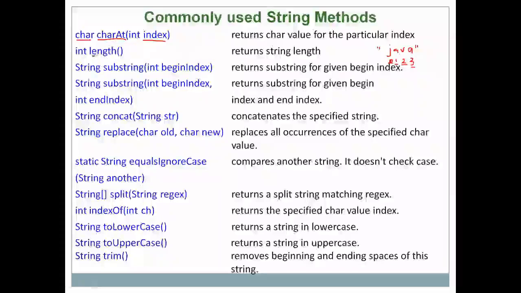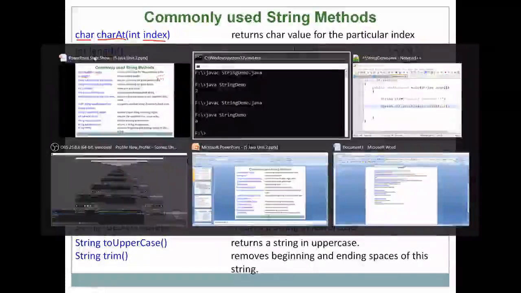The next method is length. As the name suggests, it returns the length of a string, that is, the number of characters in the string. The return type here is integer, because it returns a number. So let me show you.